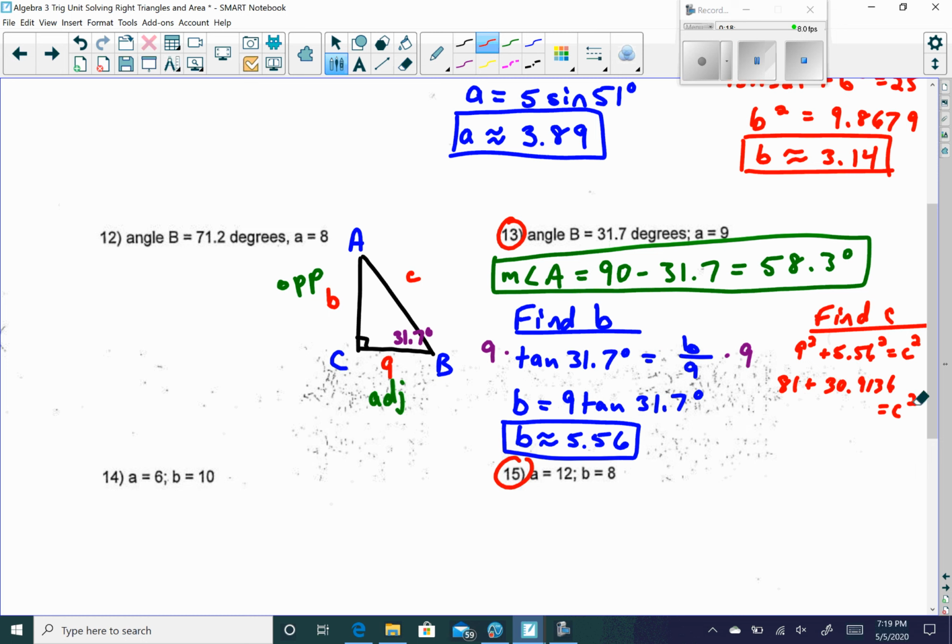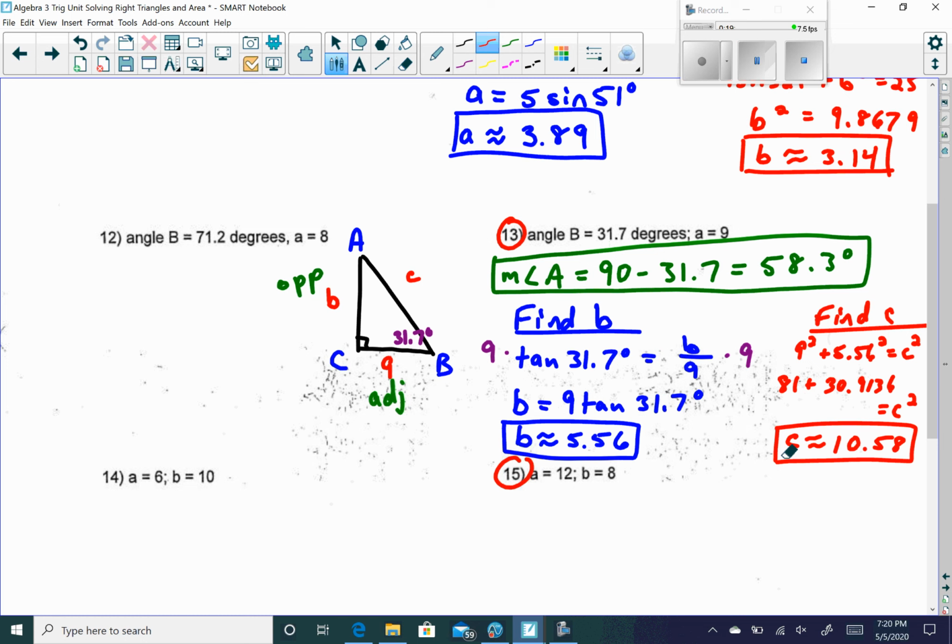I'm just going to add that together and take the square root of it right now. So C squared is actually equal to 111.9136. So we'll take the square root of that, and we should be getting 10.58. So C is approximately 10.58. So we found all 3 missing parts.